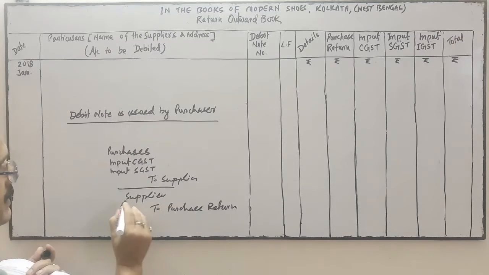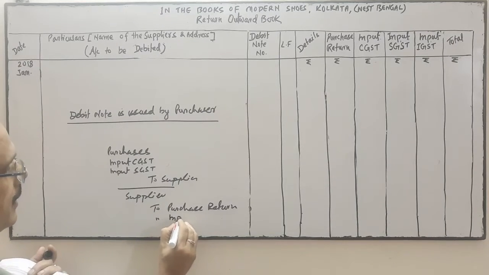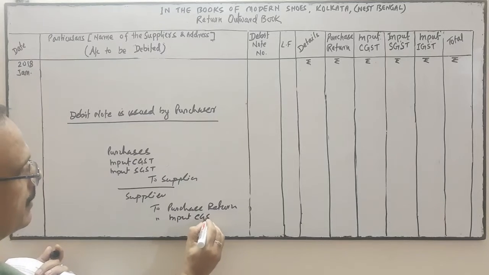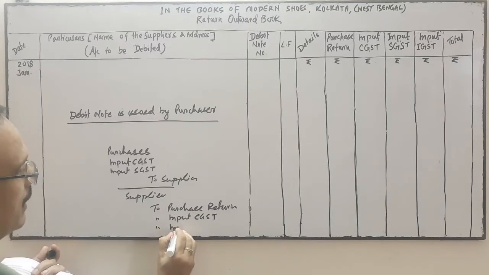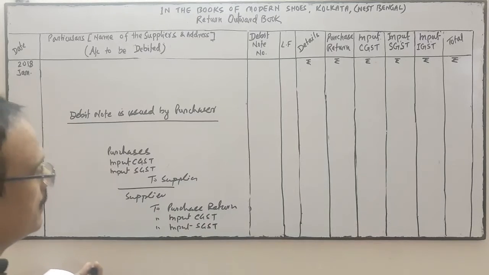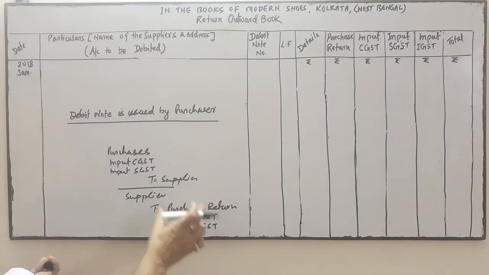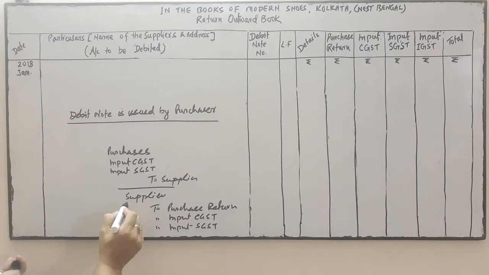At the time of purchase return, the supplier will be debited, purchase return will be credited, and input CGST and input SGST accounts are credited. This is reverse. We have to do the reverse treatment at the time of purchase return. So the supplier's account is debited.